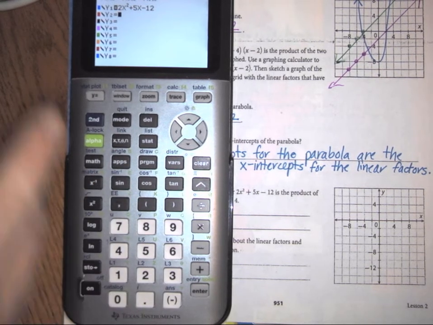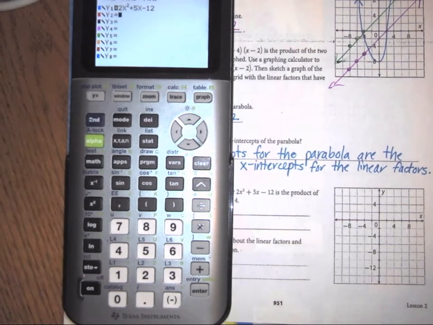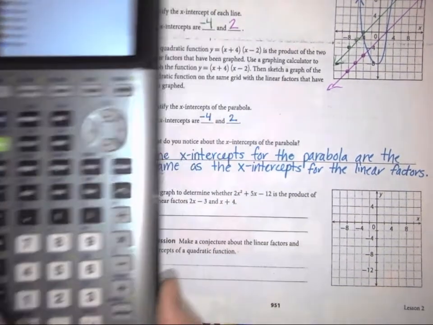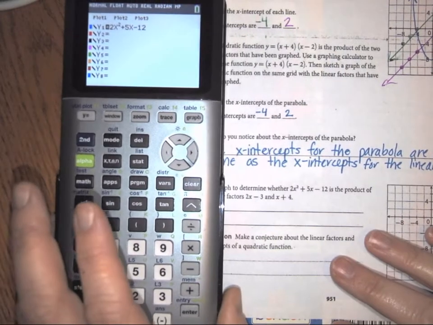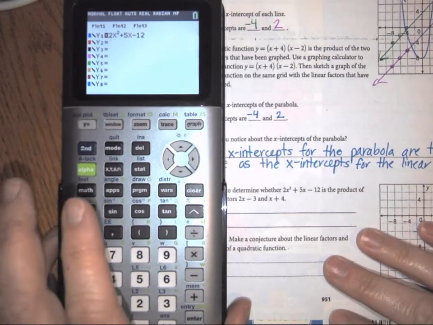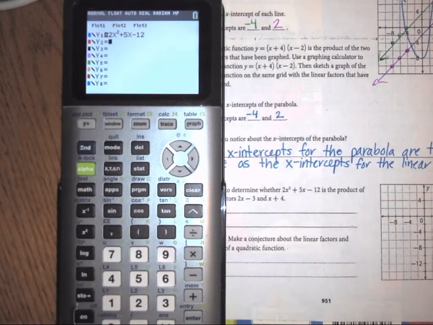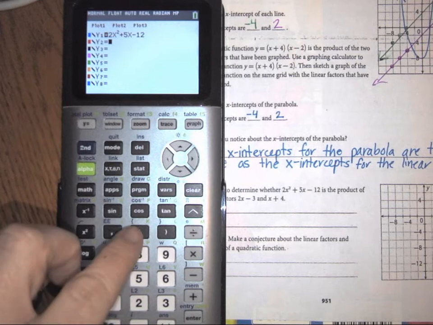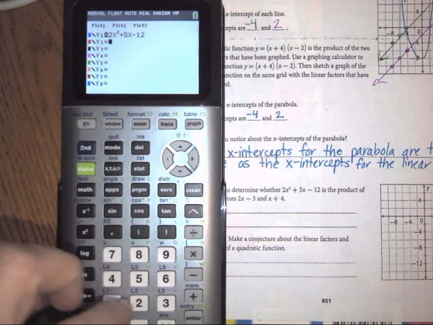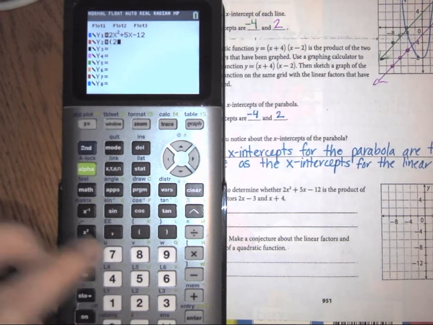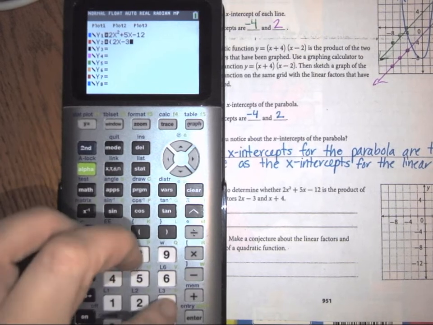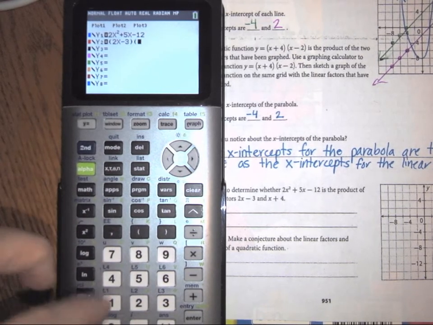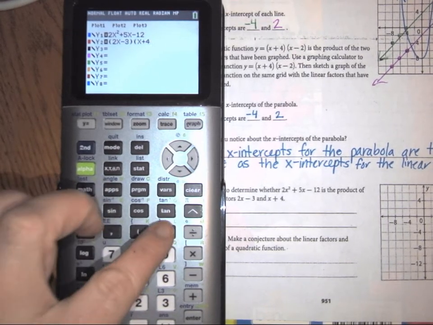I know that this will graph because my equal sign is highlighted. Then I'm going to put in my linear factors. I want to know if it's a product of these, so I'm going to list them as linear factors: 2x minus 3 and x plus 4.